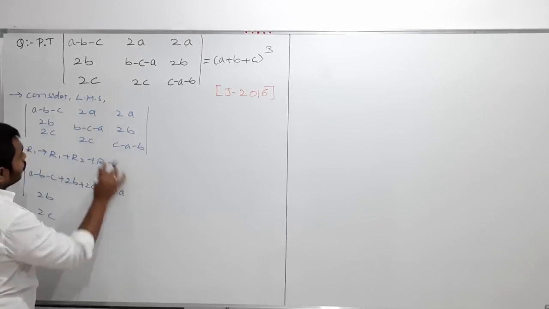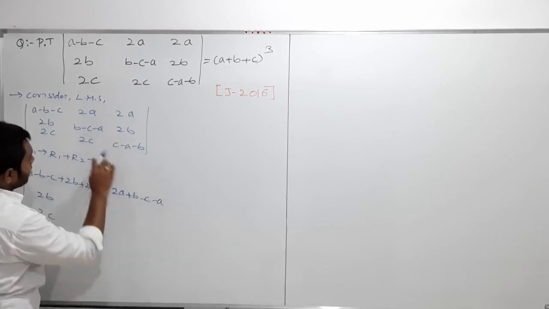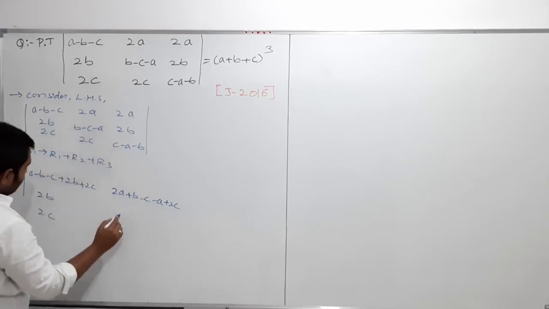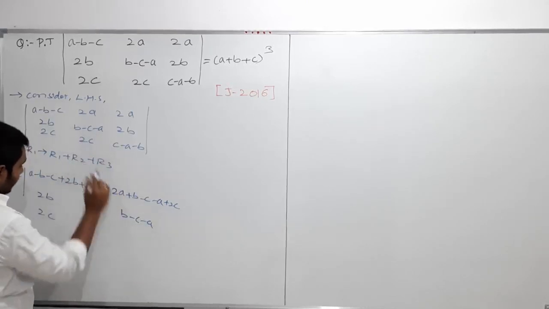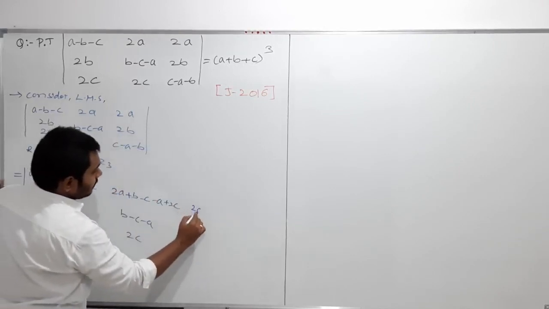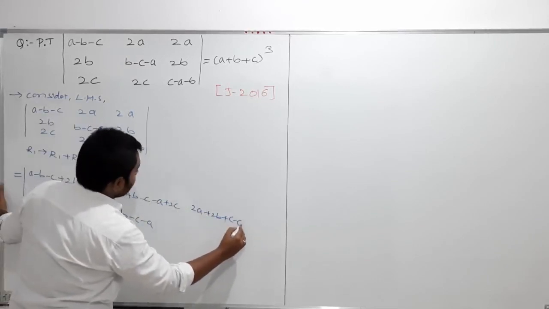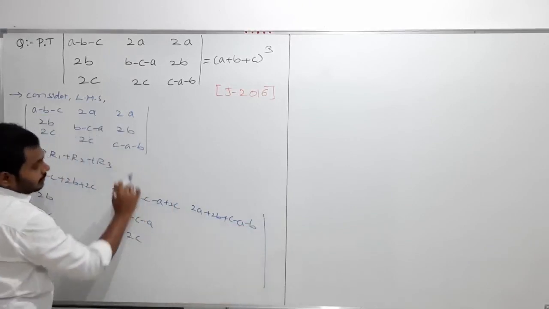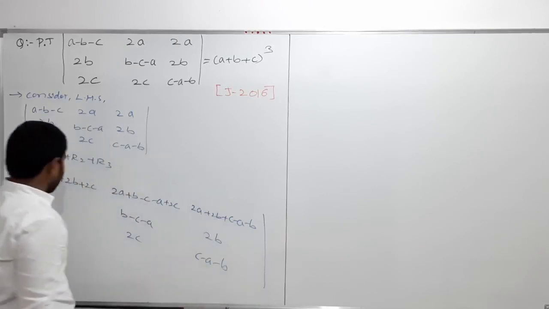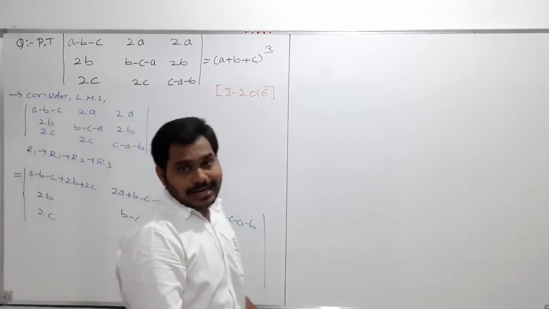So therefore 2a plus b minus c minus a plus 2c, this element, and remaining elements as it is, b minus c minus a, and here is 2c. And here also this element plus this element plus this element, 2a plus 2b plus c minus a minus b, and remaining elements as it is, 2b, c minus a minus b. After applying this operation, these are the values you are getting.